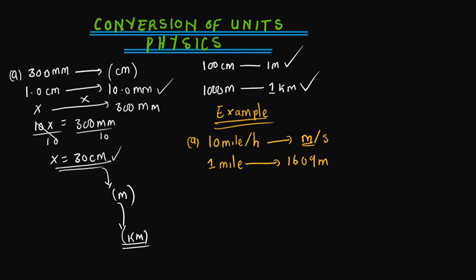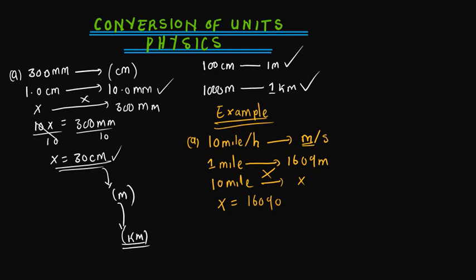So if you want to convert this into meters, you say these 10 miles you equate to x. Then you cross multiply. Your x is equal to 16090.